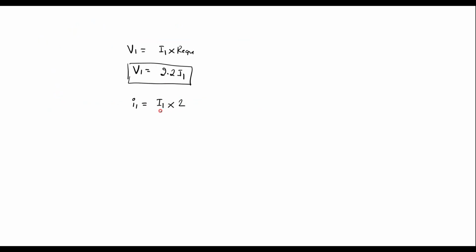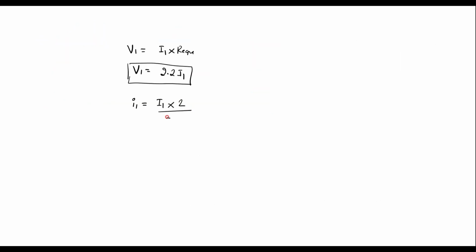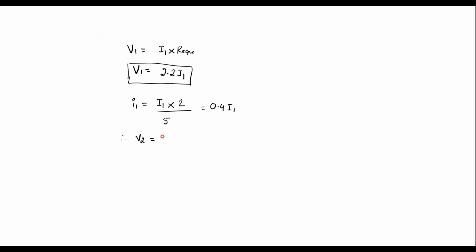So I1 into 2 divided by the sum of the resistors, that is 2 plus 1 plus 2, which is 5 ohm. So this will be equal to 0.4 I1. Therefore V2 will be equal to the voltage across the 2 ohm resistor, that is 2 into 0.4 I1. Therefore V2 will be equal to 0.8 I1.